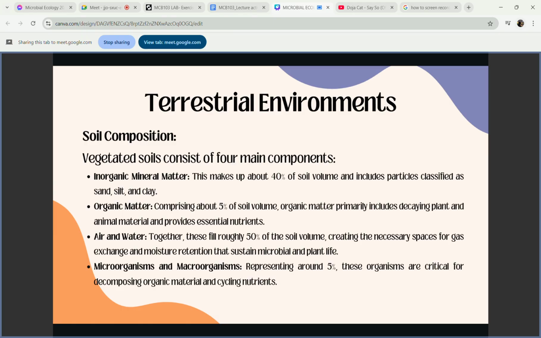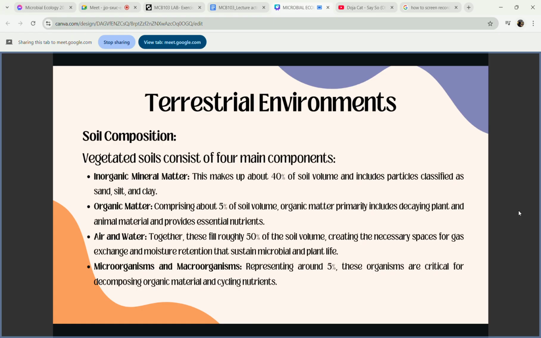For the organic matter, on the other hand, it only comprises about 5% of the soil volume, where it primarily includes decaying plant and animal material, which provides essential nutrients. The big players here are air and water.